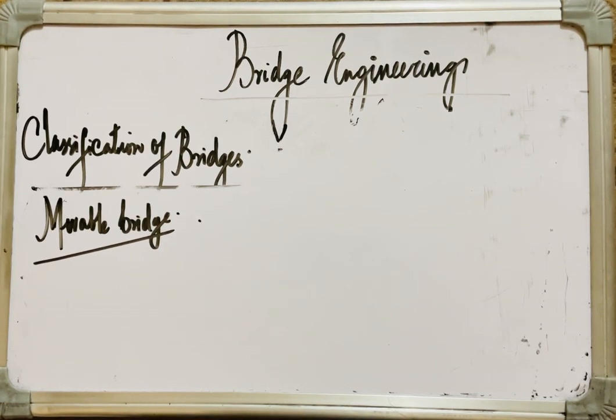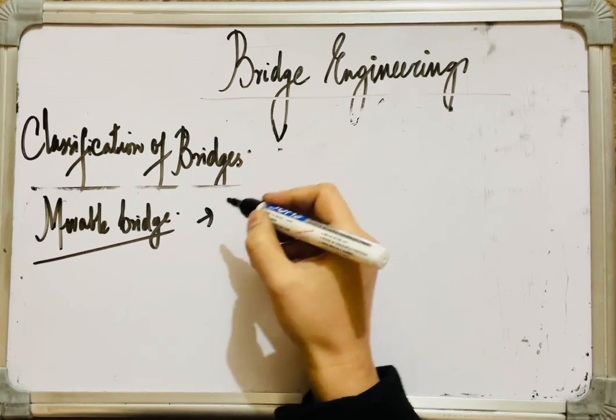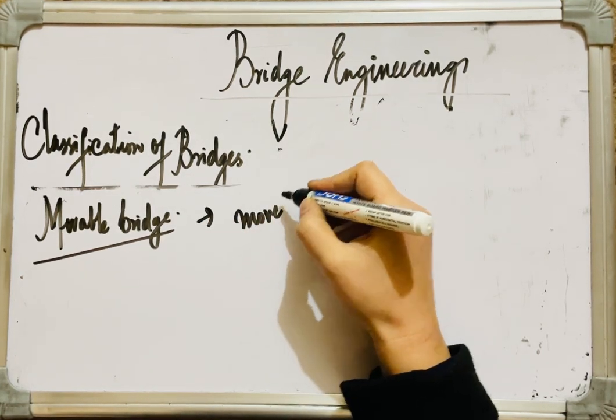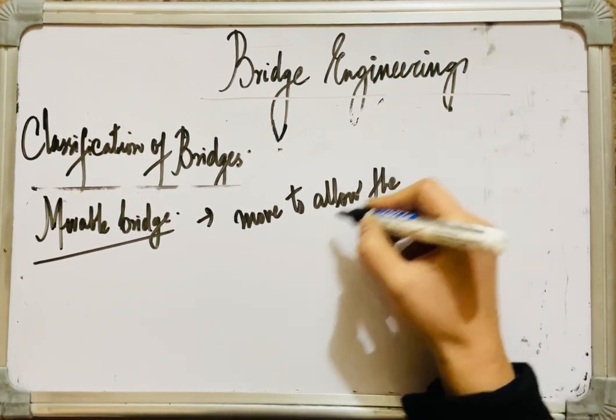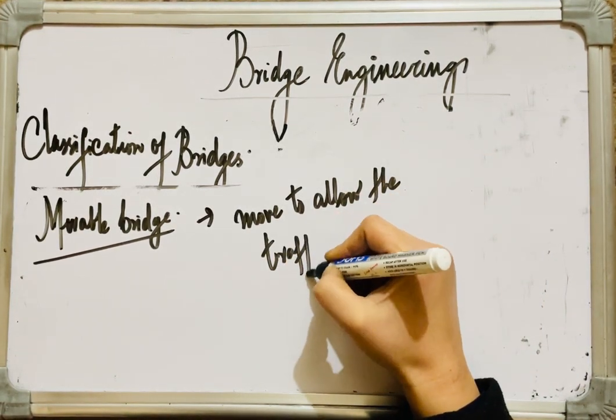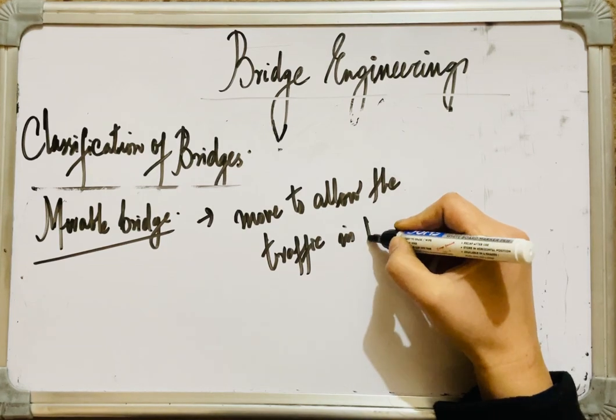Movable bridges are those bridges designed to move to allow traffic in waterways.